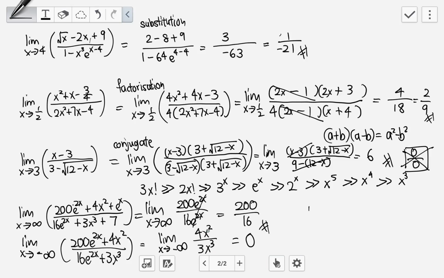Because x squared would cancel away, I will have negative infinity. So this is a value that is slightly less than 0, because it's a negative value. So with that, I end the tutorial on limits.